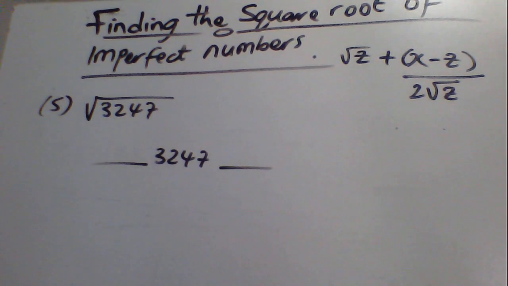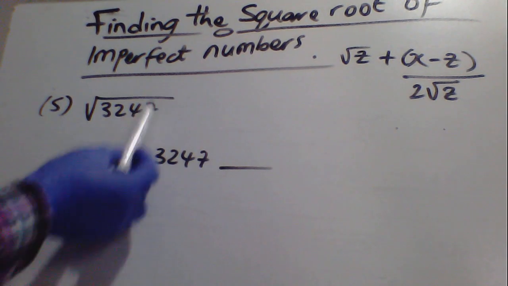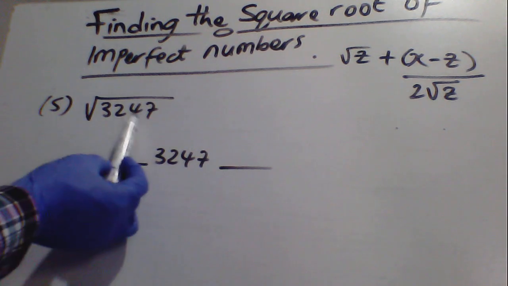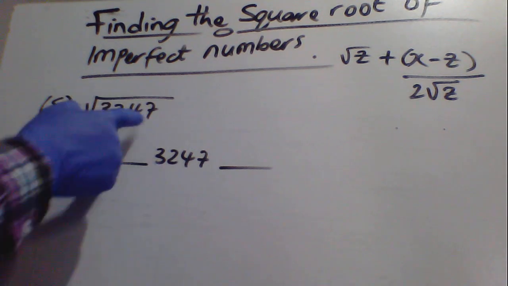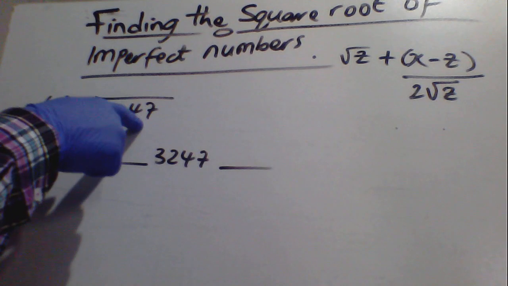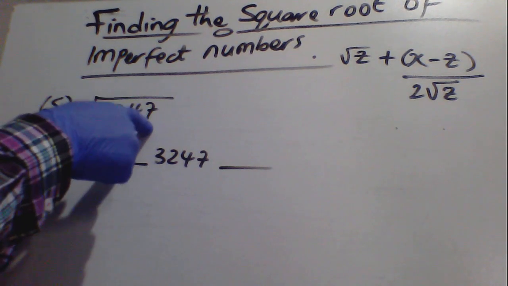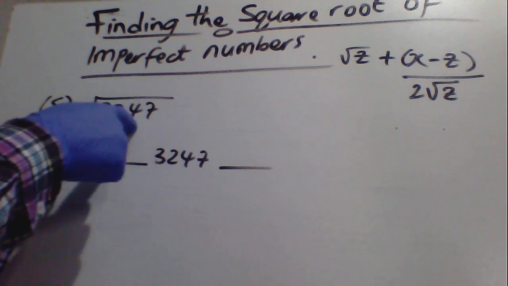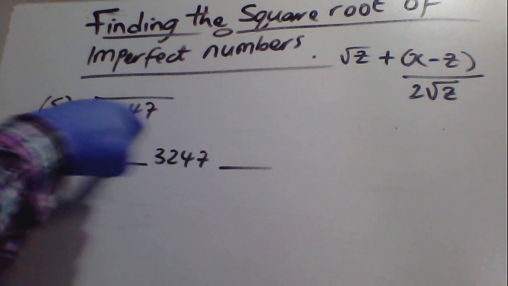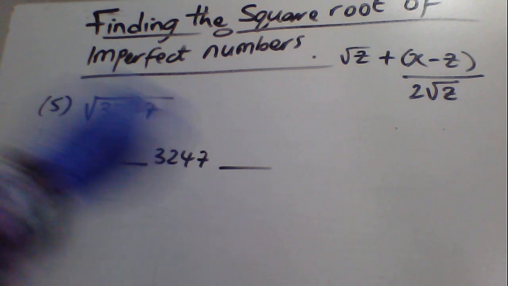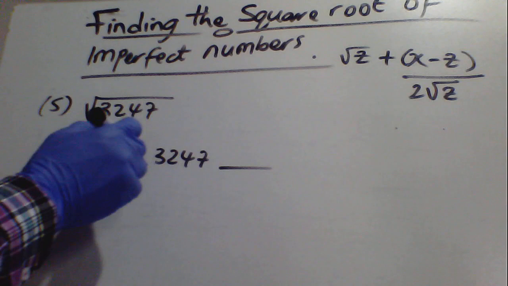The trick here is, looking at this number, you can get a very close number between 36 and 49. 36 and 49 are likely to give us our range of what we are looking for.